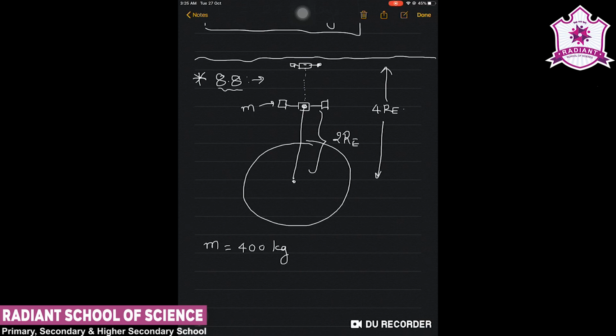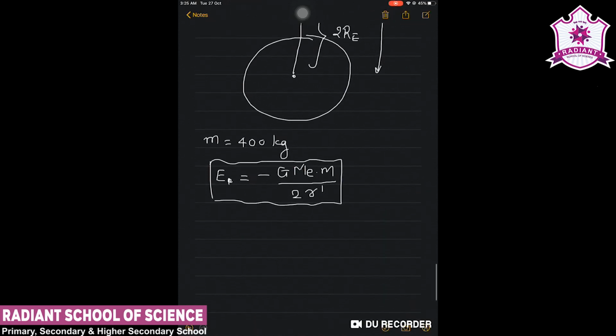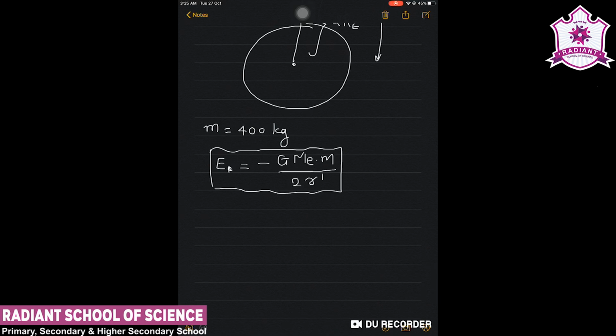Now we know that the total energy E can be represented as minus G M_E m over 2R dash, where R dash is the given distance. Here in the first case R1 is given as 2 Re, and in the second case we have to send it to 4 Re.